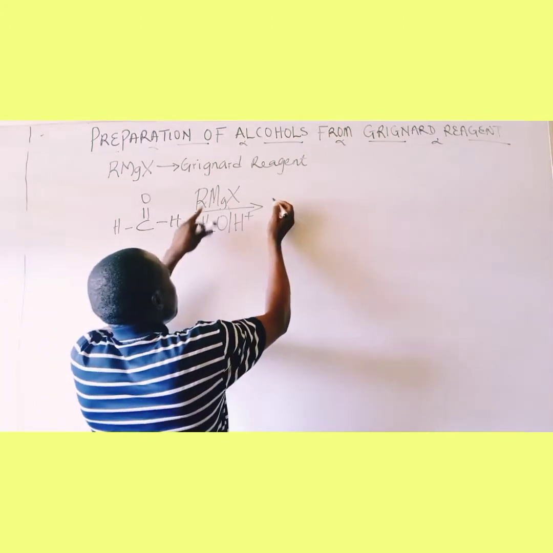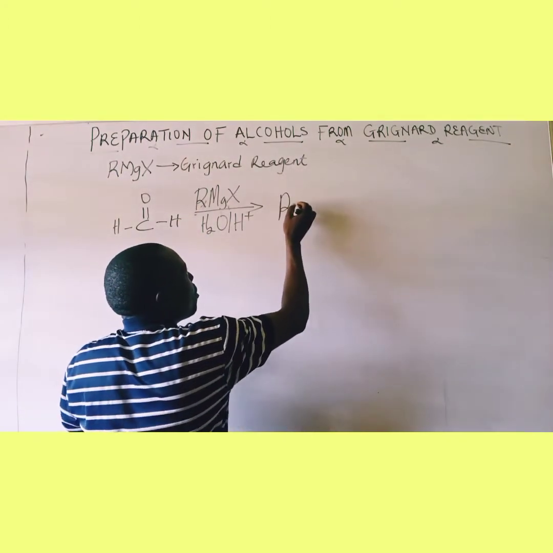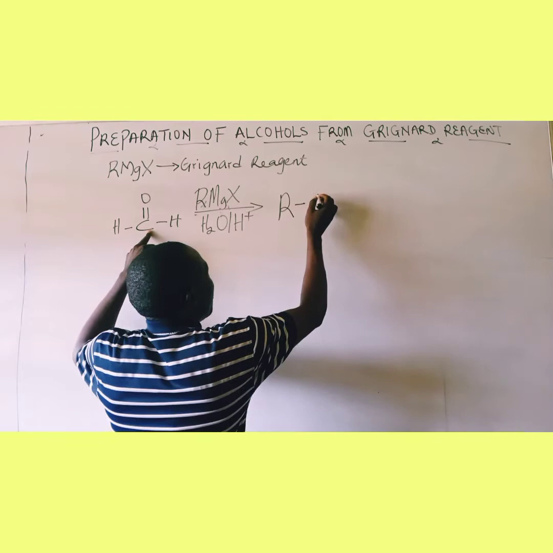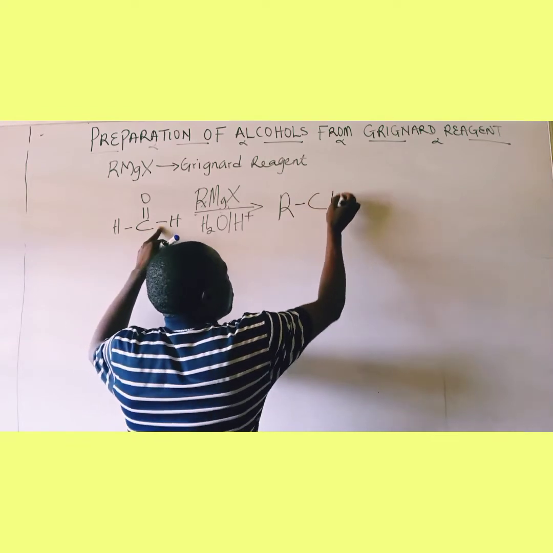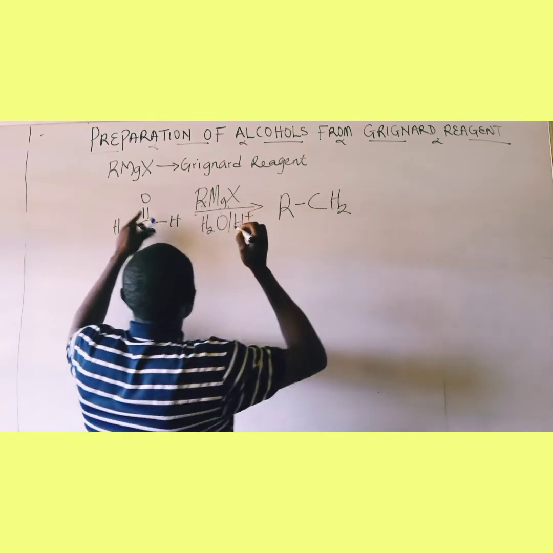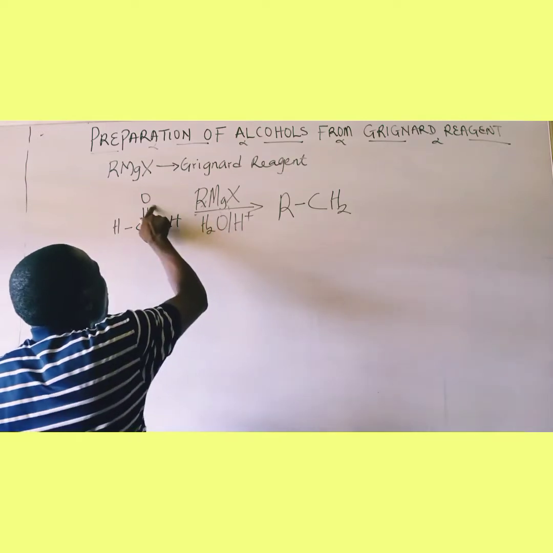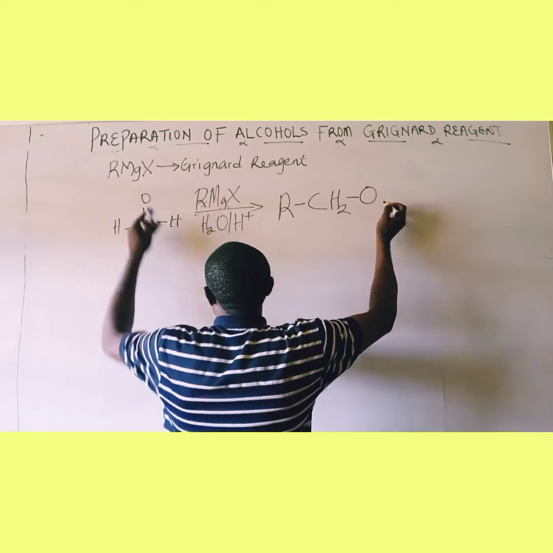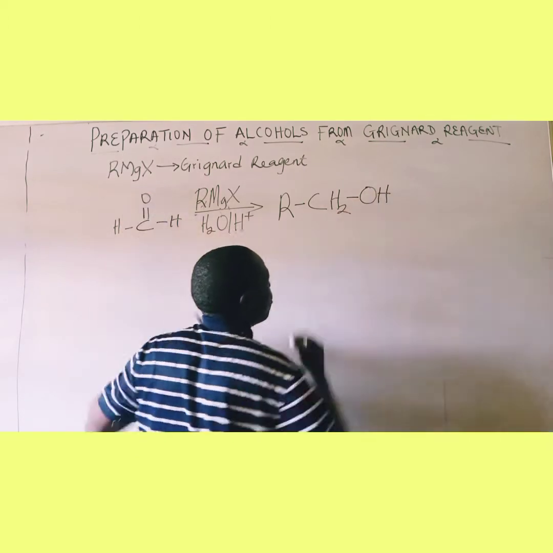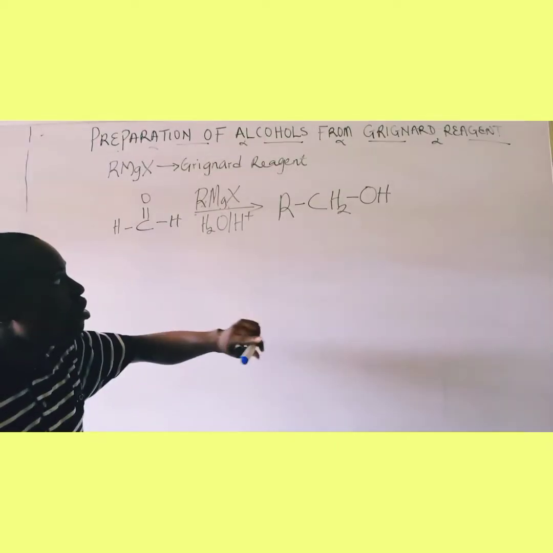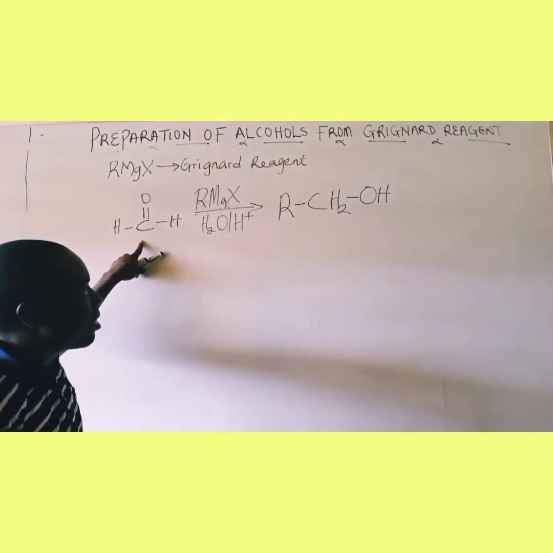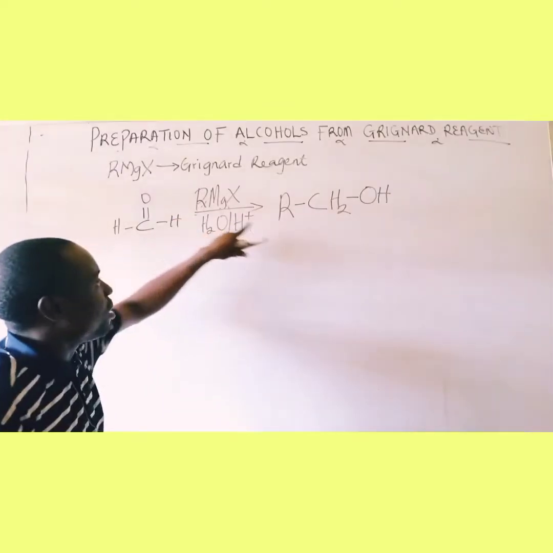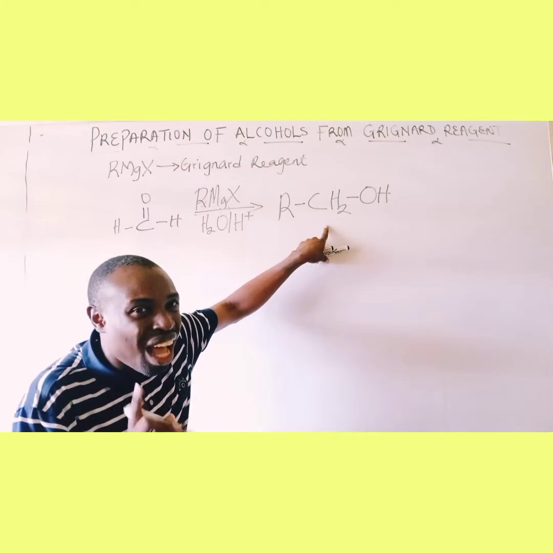So I'll have R first, then CH2, then this bond becomes oxygen, with a hydrogen atom on it. On that note, methanal in the presence of a Grignard reagent gives a primary alcohol.